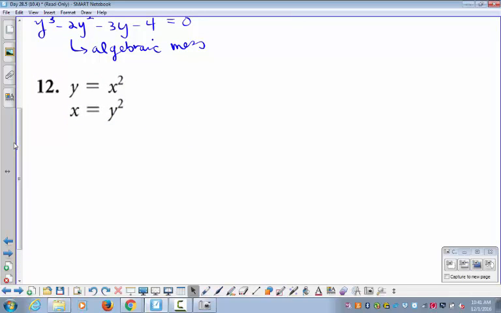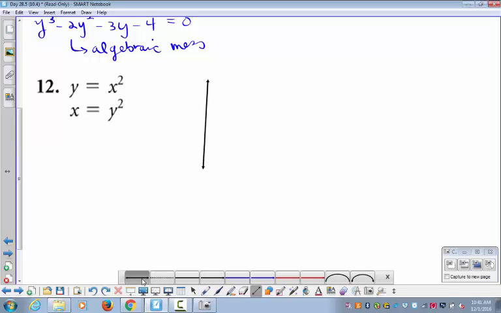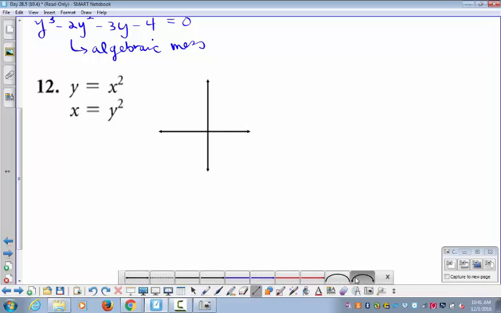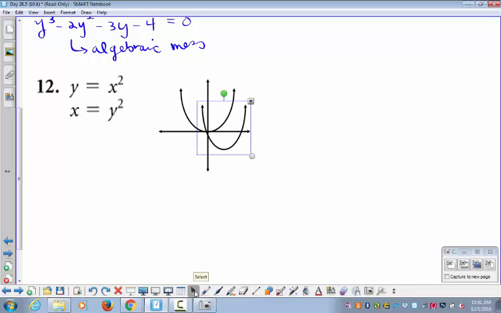All right, so here is one that we don't need technology for. And again, if you draw a sketch, it helps orient you in terms of how many solutions. Let's use a fancy parabola looking tool. So y equals x squared, and then x equals y squared is going to be very similar except rotated 90 degrees.